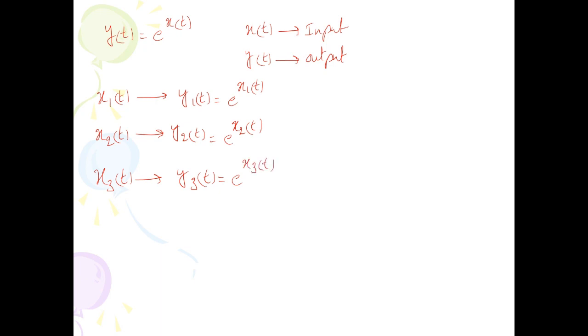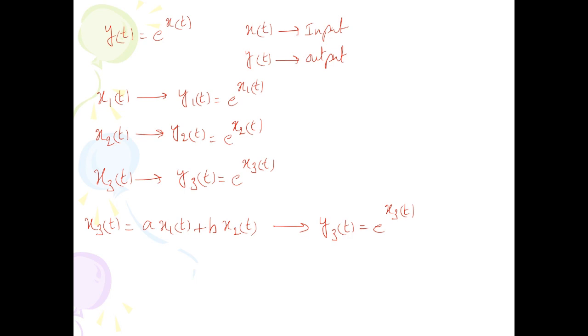Now the condition for the linearity is, x3 of t, I am replacing this with a into x1 of t plus b into x2 of t. Then whenever you apply this signal, this should give y3 of t, which will be equal to e power x3 of t.